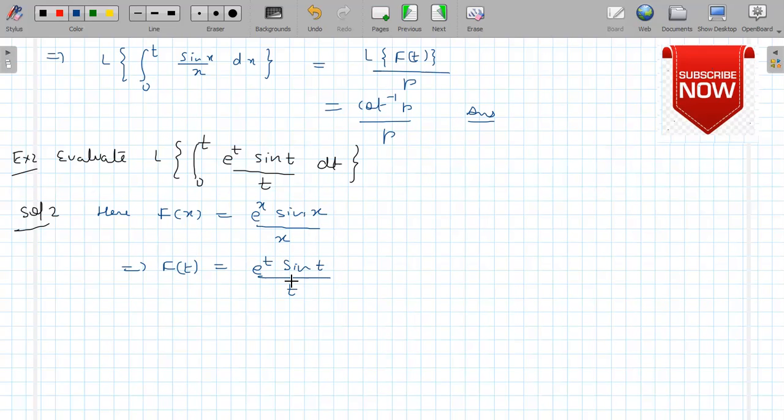The value of f(t) is this. So here we have to find Laplace transform of f(t). That is Laplace transform of e to the power t sin t divided by t.